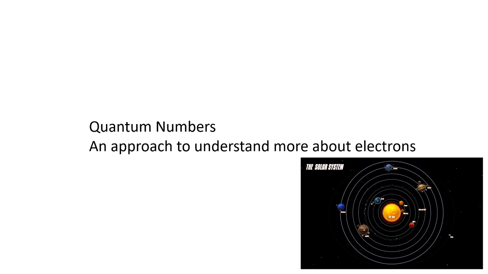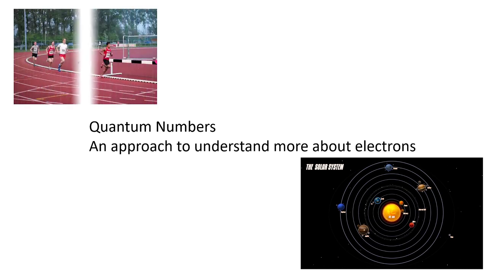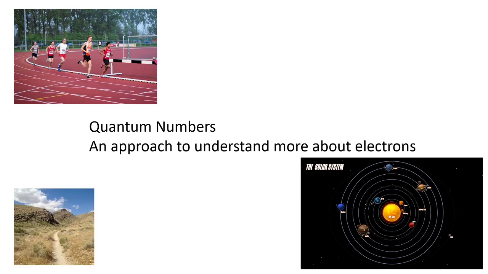How do we think an atom is? Is it like our solar system, where the nucleus is in the center and the electrons are moving around it? Or is it more or less like a field where we have tracks on which electrons keep moving?